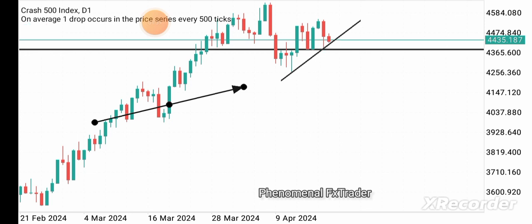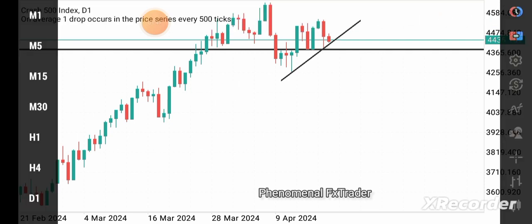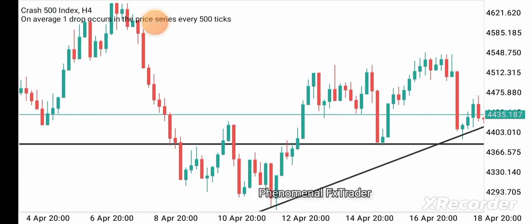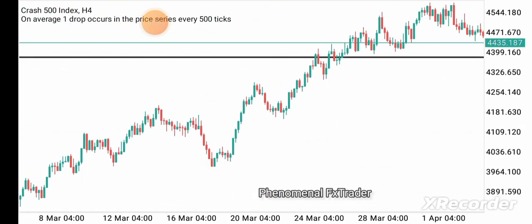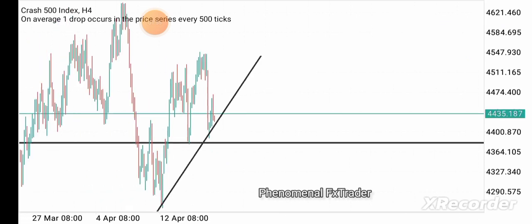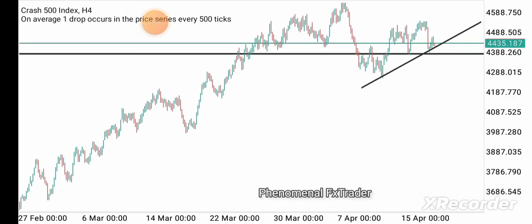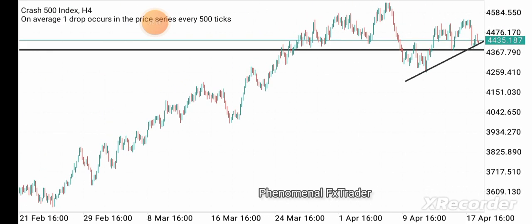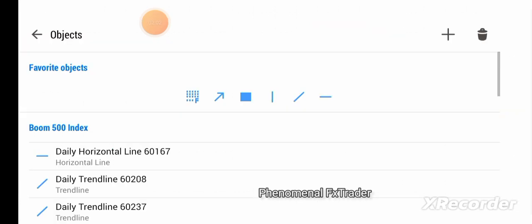All right, so going back, I have to go to a lower time frame, like the 4 hourly time frame, so I can mark out other possible structures, key levels and trend lines. Let me see if I can find any. Although we know the market is bullish, we can decide to draw a trend line.